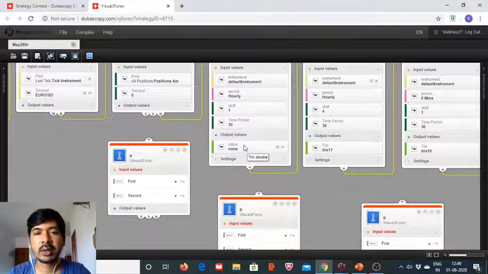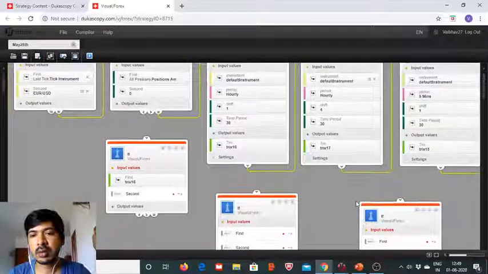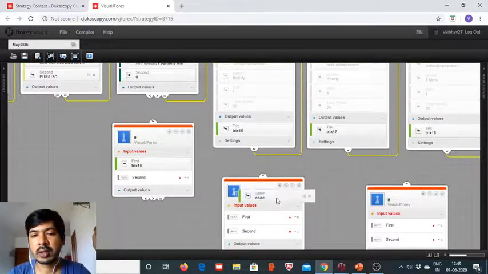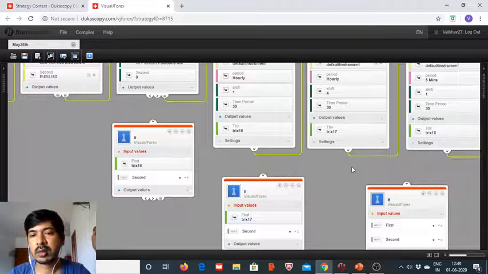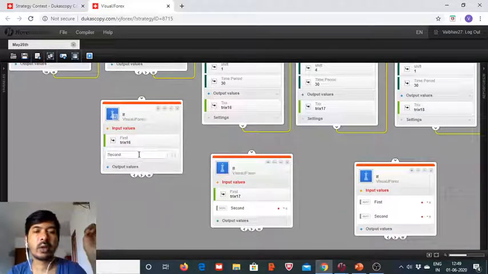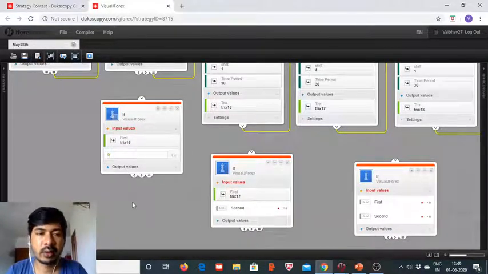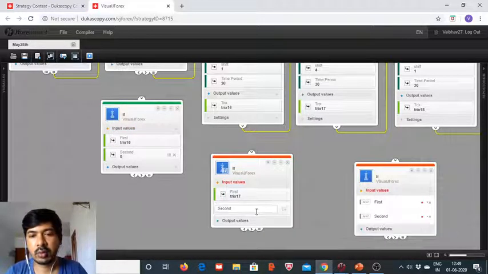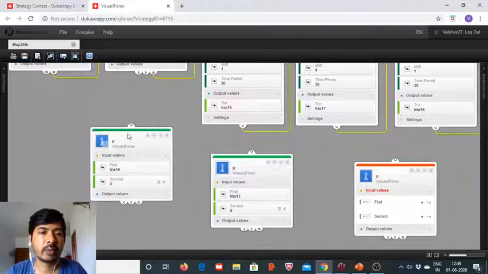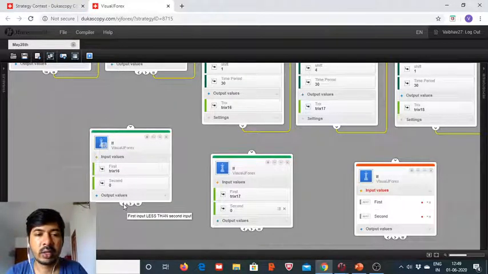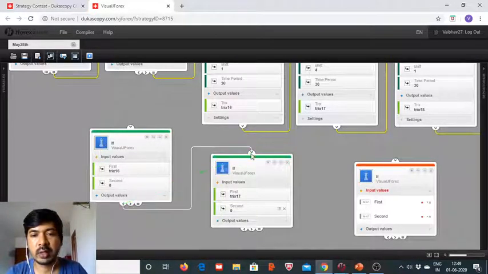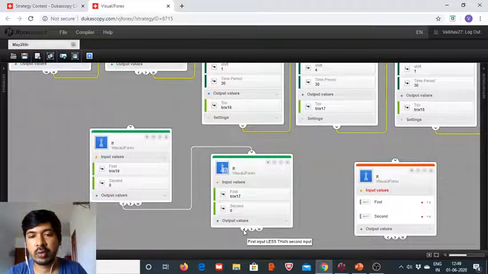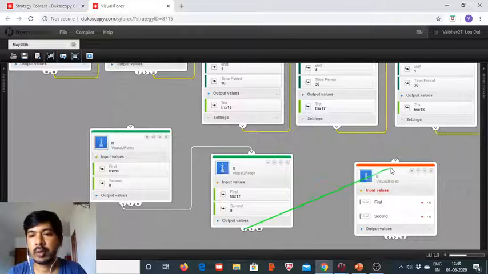So we take TRIX 16 and TRIX 17, and both these values should be less than 0. So here it comes. First input is less than second input. Here also first input is less than second input.